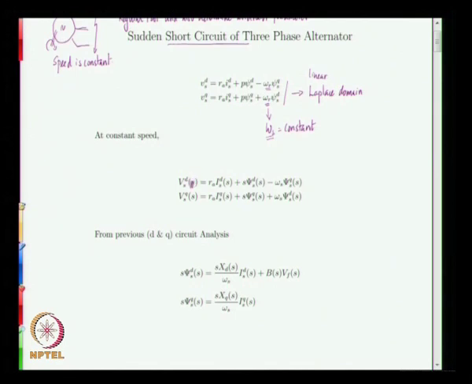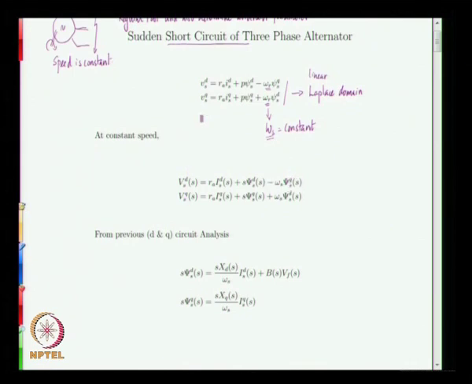of s, the Laplace transform of the direct axis voltage, is Ra into Id, and the derivative now becomes s times psi d, assuming that the initial conditions are 0, minus omega s into psi q, which is a function of s.